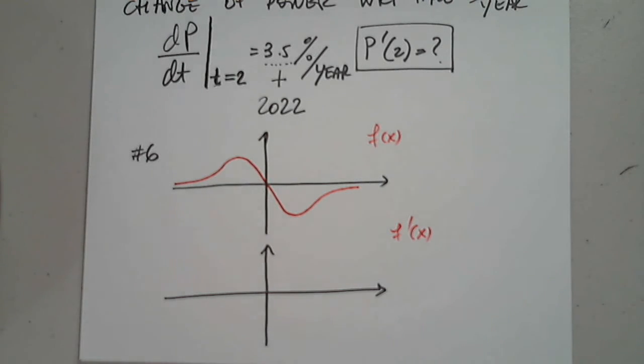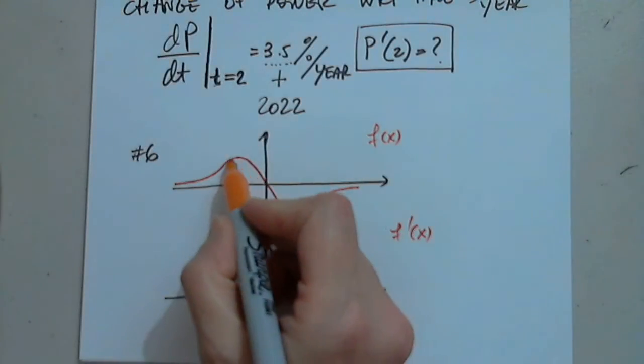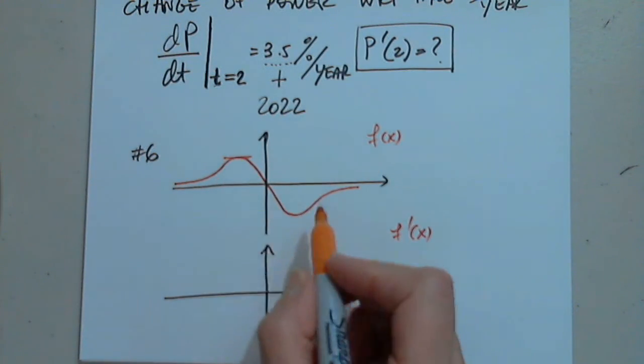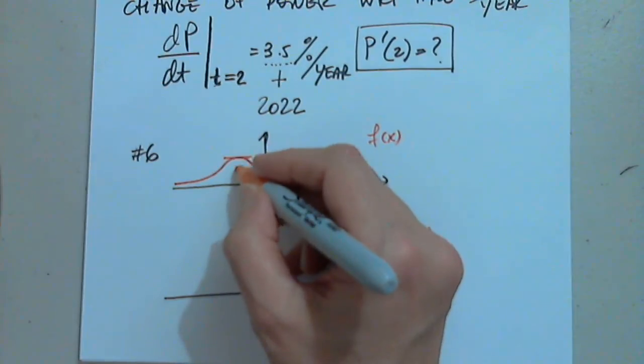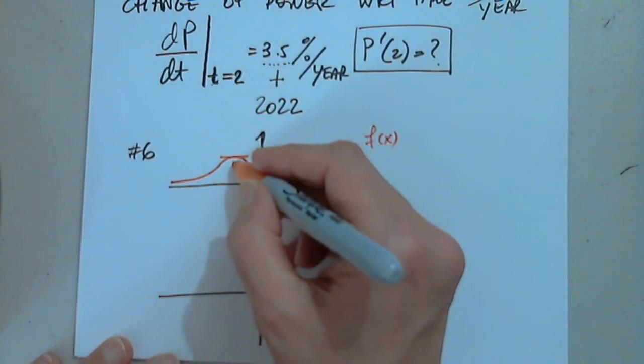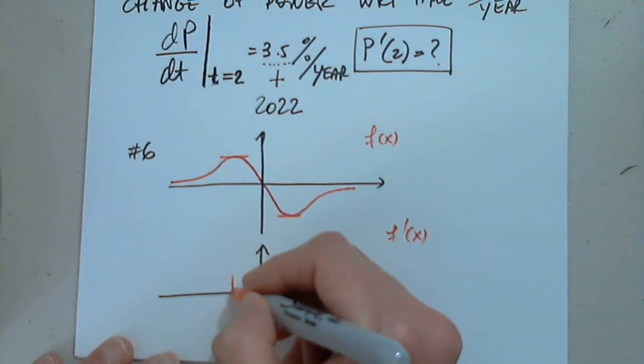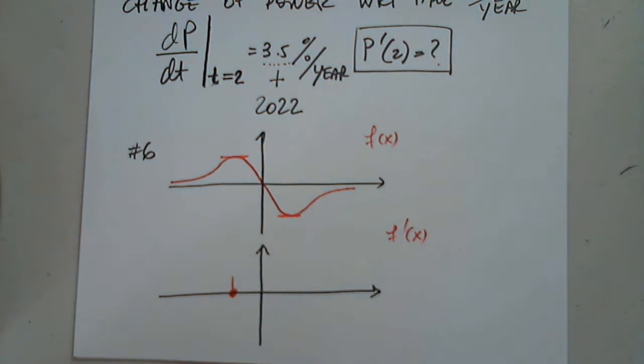So I'm going to have to draw some tangents. First of all, I start with what is easy. At this point, the derivative must be 0.